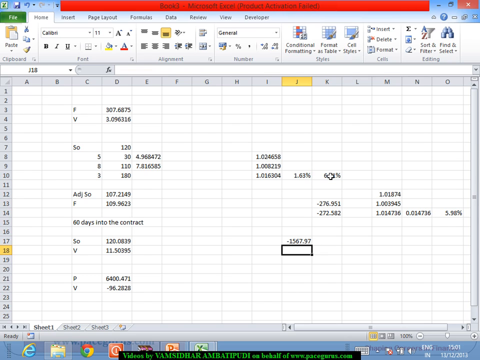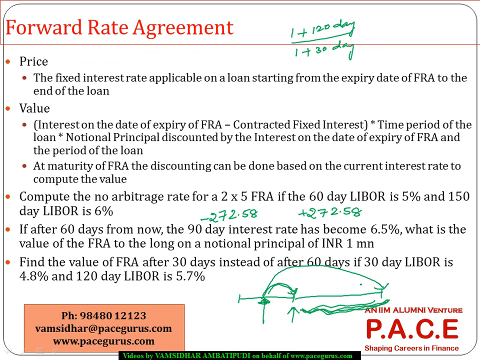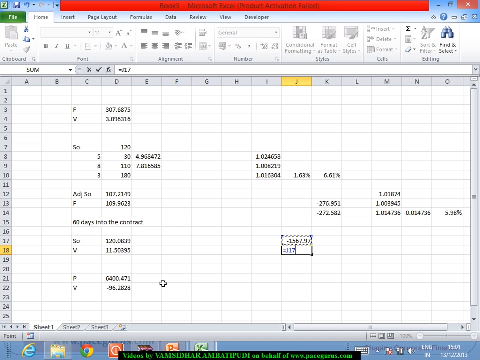So this is going to be the loss to the long on the 150th day, on the day of payment of the loan. But I want to find out the value as on this date, which means I can discount it by 120 days at the 120-day interest rate, which is the LIBOR for 120 days. So basically this divided by 1 plus 5.7% into 120 by 365.